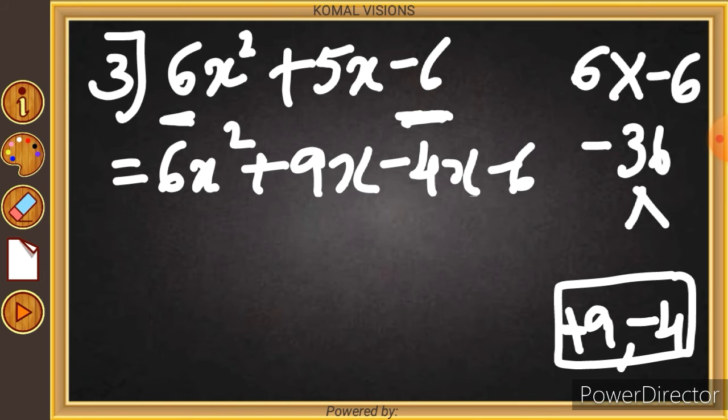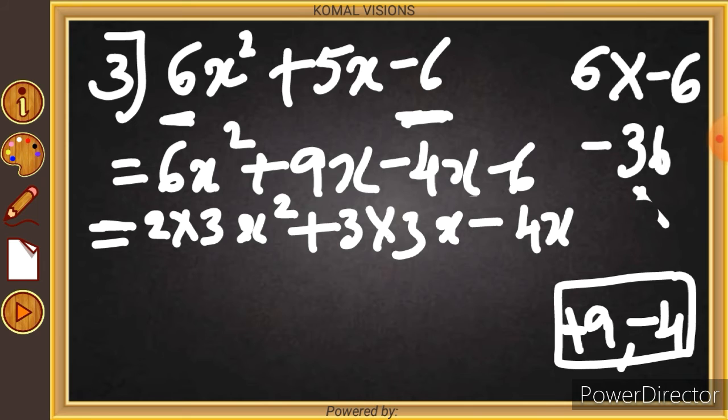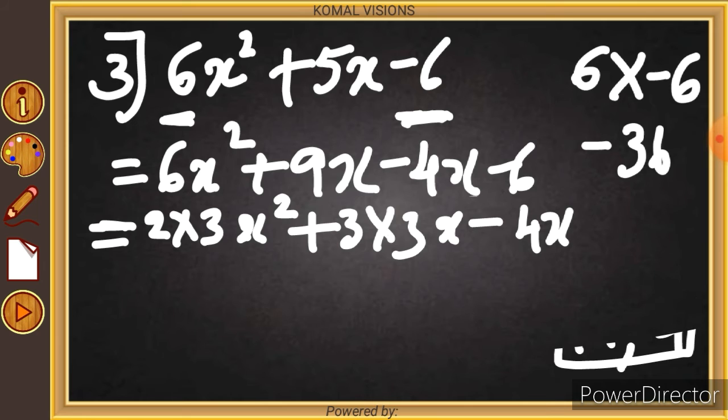So now I'll try to split 6 as 2 into 3x square plus 9 as 3 into 3x, and 4x I'll write as it is. For the time being I'll erase this. I hope you have understood how that step has come.